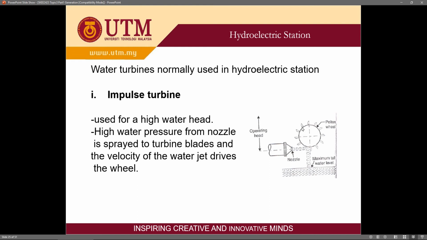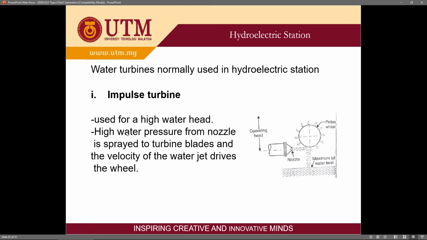So basically for the impulse turbine, you just have a pipe here and then you have a small opening. It is a nozzle, and the nozzle will shoot out the water at high speed at the Pelton wheel. As a result, you can rotate the synchronized generator.